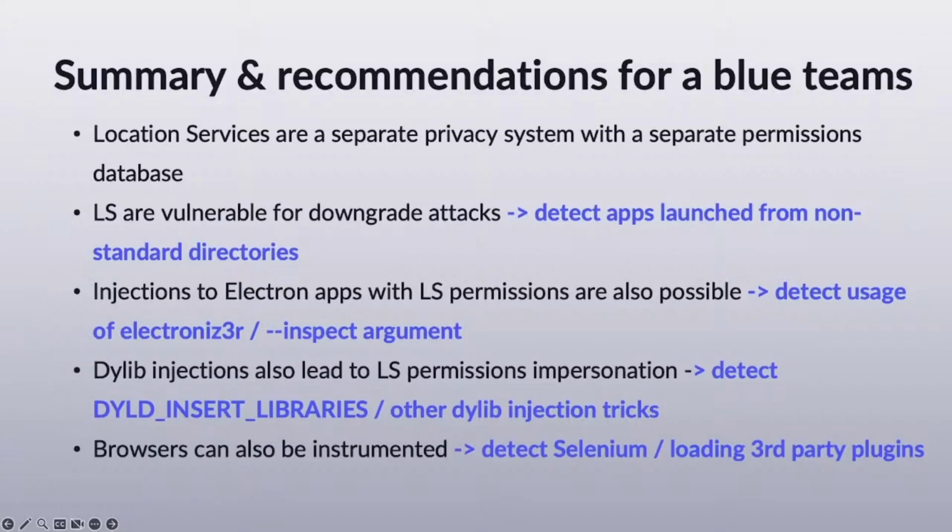For the inheritance problem, you can detect it using the inspect argument. Dylib injections can be detected by verifying the built-in inserted libraries. And you need to understand that browsers can be instrumented. So if you want to detect such attacks, you need to monitor what's happening with your browsers.